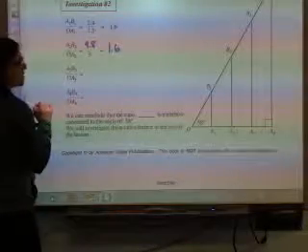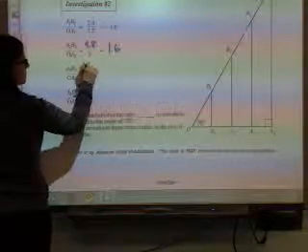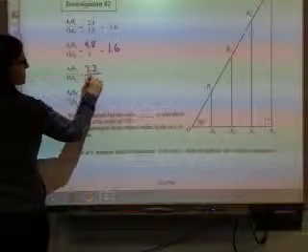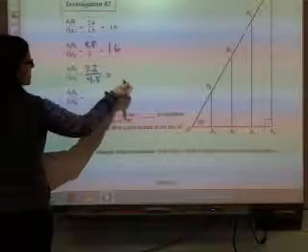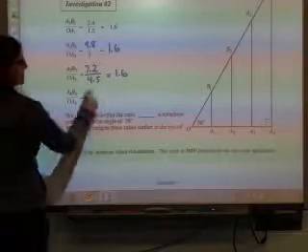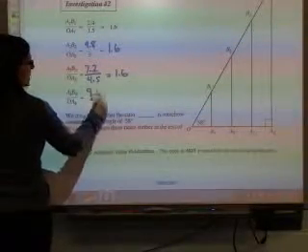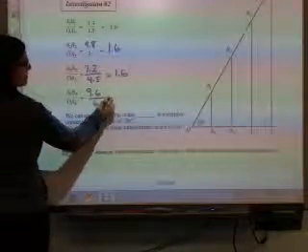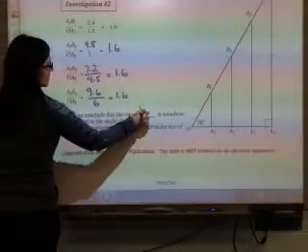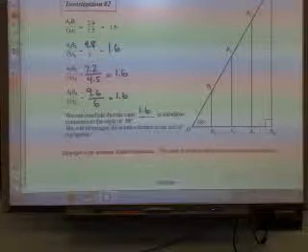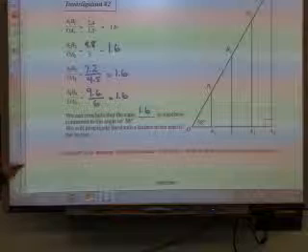Okay, A3 to B3. 7.2. And O to A3. 4.5. When I divide them, 1.6. A4 to B4. 9.6. And O to A4. 6. When I divide them, 1.6. So in this case, the ratio of 1.6 somehow connects itself to 58 degrees.